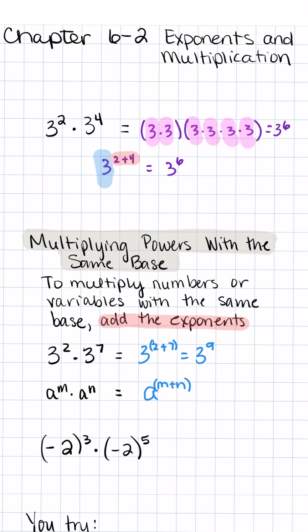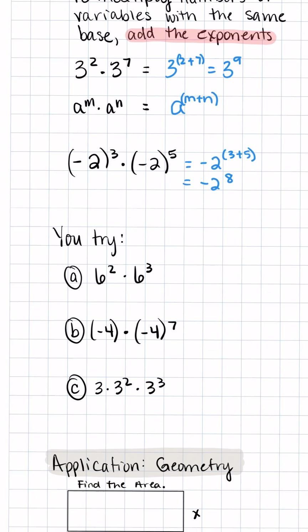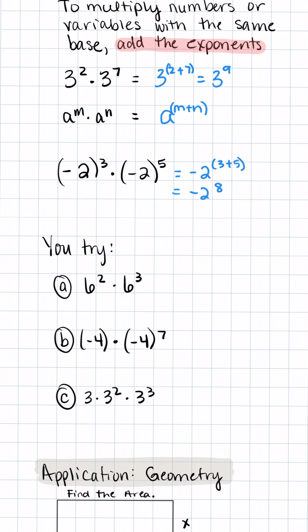For this one here, we have -2 to the 3 plus 5, equals -2 to the 8th power. Okay, and that's our answer.